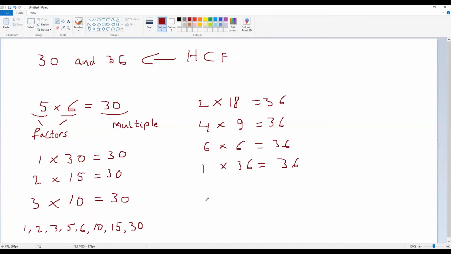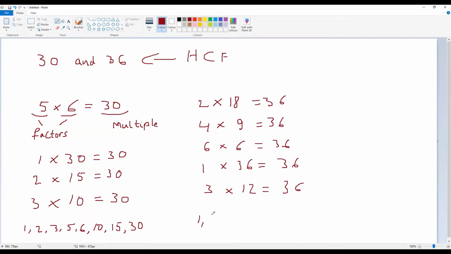Let's list them out. We've got 1. So we've missed something out, actually. We've missed 12 and 3 out, because 3 times 12 would also give us 36. Right? So let's now list them out.